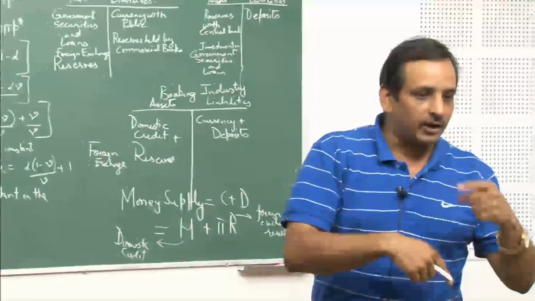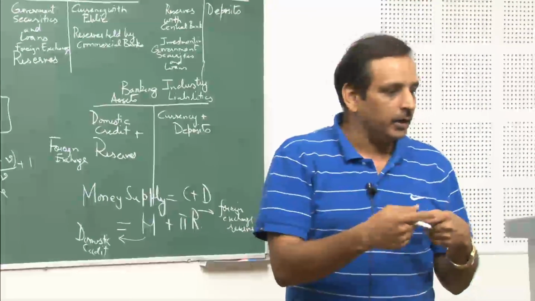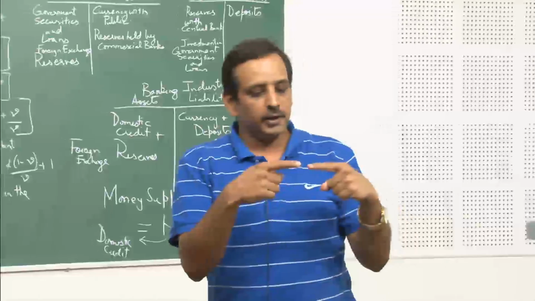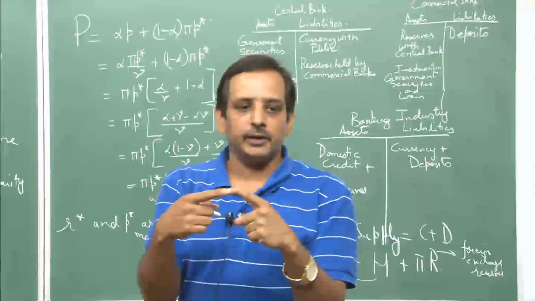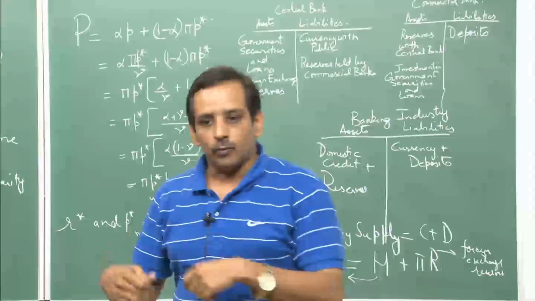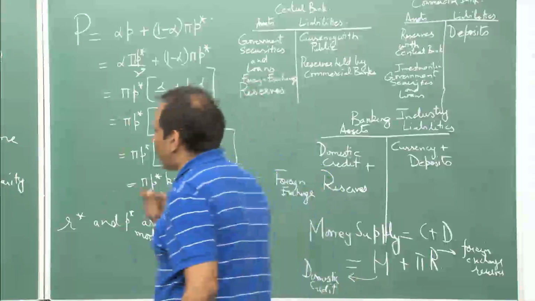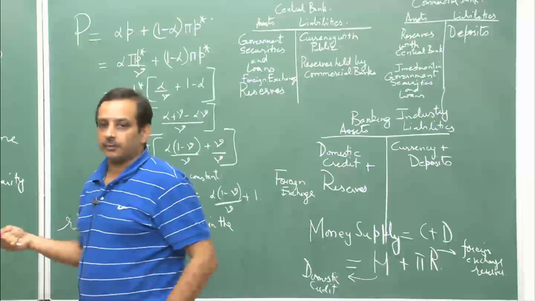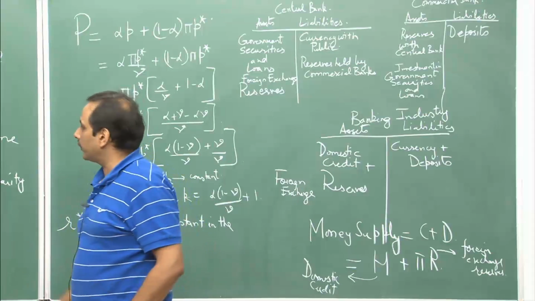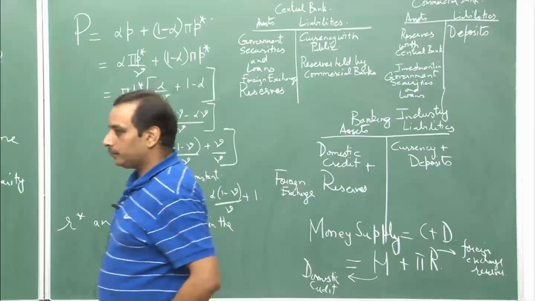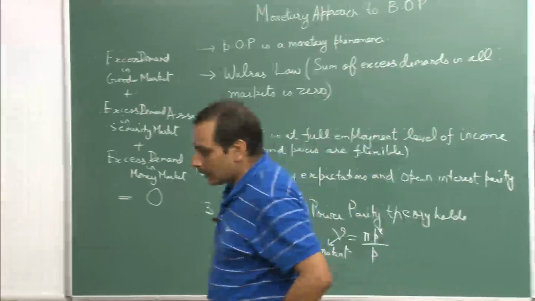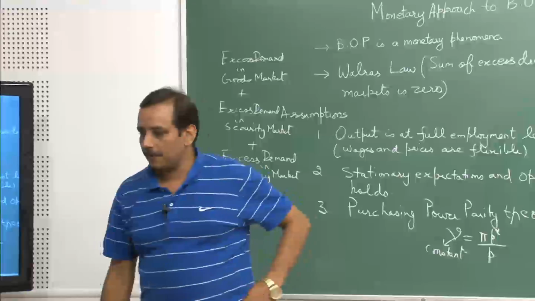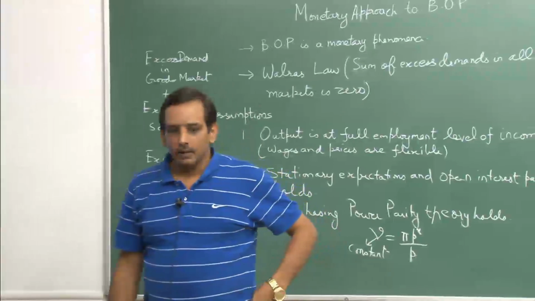There will be adjustments taking place in the economy which will bring the economy back into balance of payment equilibrium. Now, what we will do here is try to understand those adjustments which take place in the economy. Same as what happens with a fixed exchange rate. There it is gold that is going out, so money supply goes down. Here it is foreign exchange that goes down.